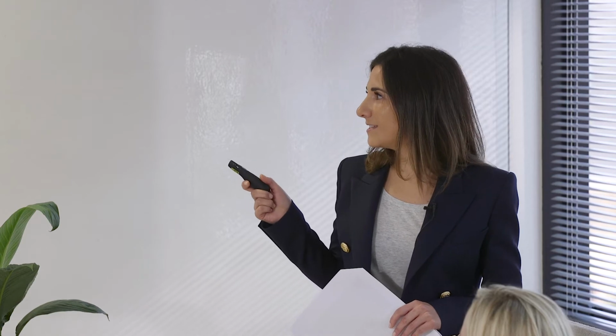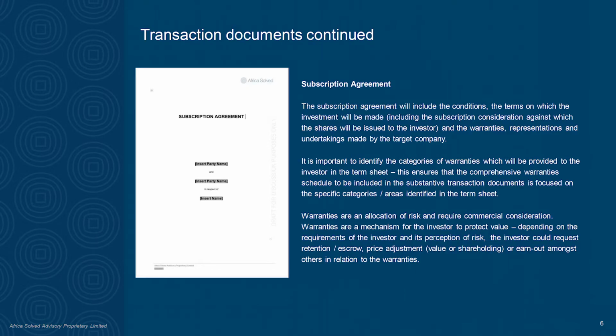Now, warranties, as I said, is what gets us excited, and this is quite a difficult discussion, right? But at term sheet stage, what's important is that you identify the categories of warranties that you'd be willing to give to the investor. So it's obviously premature to include a comprehensive list of warranties at term sheet stage. What does need to be done is just to identify the categories, as I said.